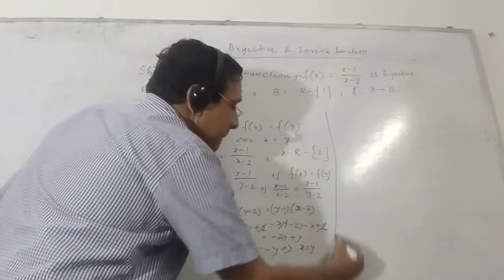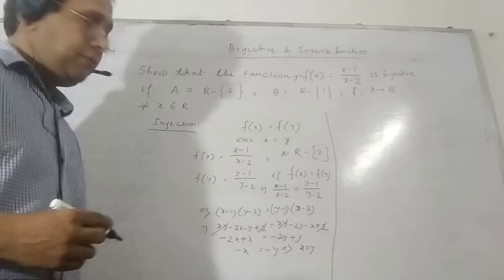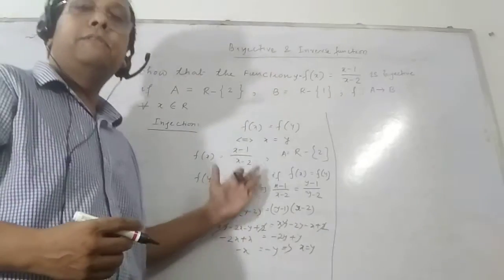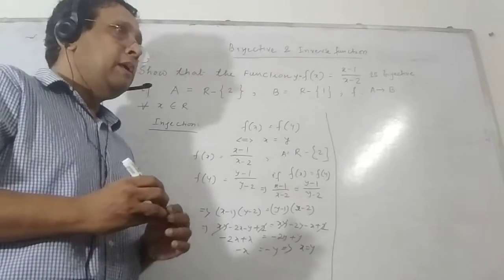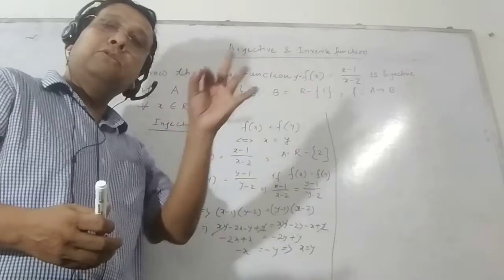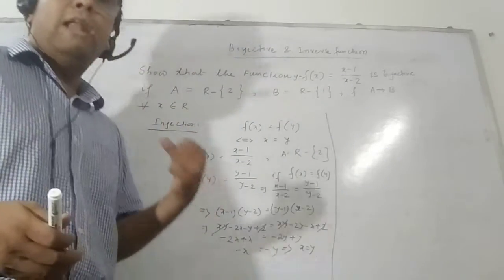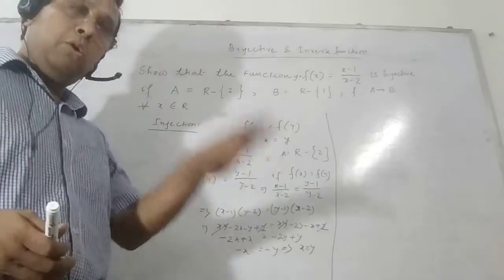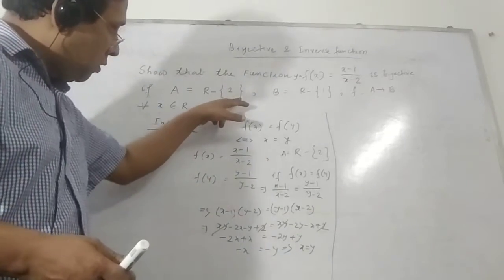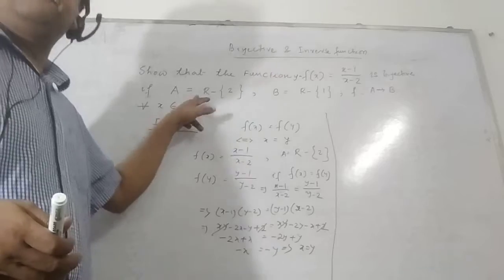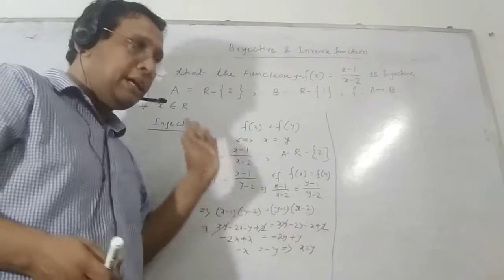So this is the procedure of how we can prove that this is injective. That is, for each value of x there should be only one image, and considering this condition, this is how we can prove the injectivity.